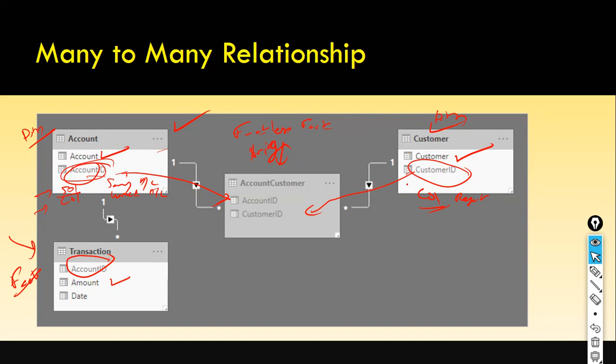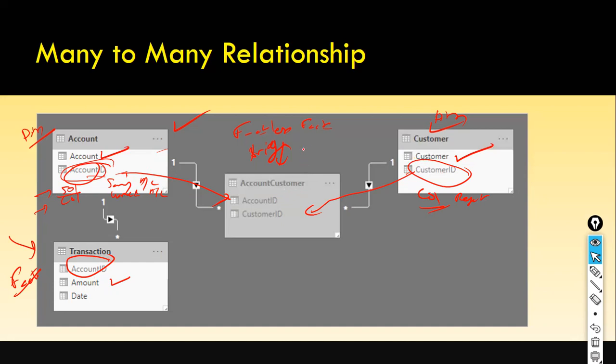But how will this model help me find out how much balance each customer has in their respective accounts, savings account, current account? You don't have any direct relation between them. So we are introducing a bridge table.